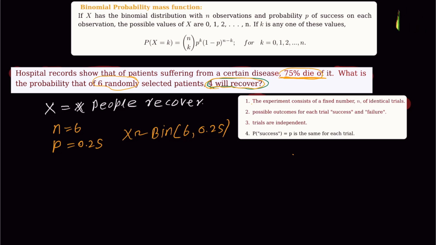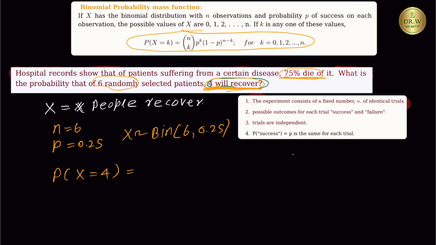Then we are asking for probability of X equal 4. Why? Because we are asking the probability of 4 recover. Okay, 4 recover. Therefore, we can use the binomial mass function, n equals 6, k equal, here what? This is the k, right?